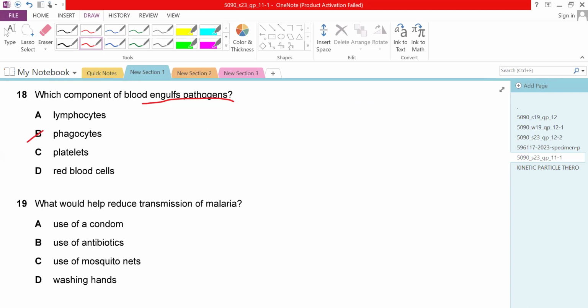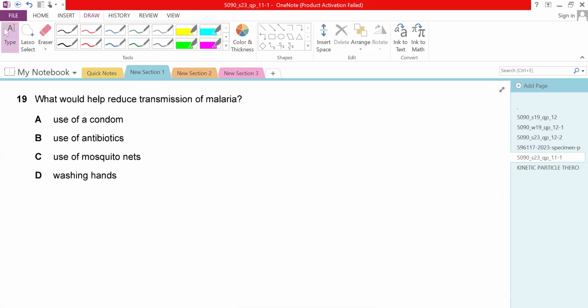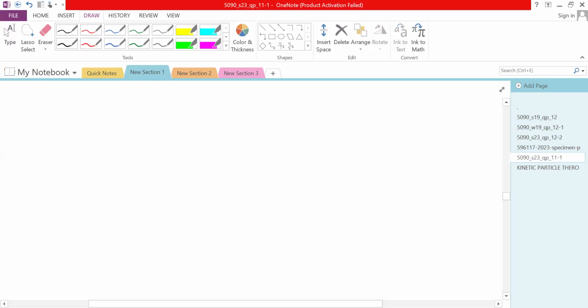The phagocytes engulf the pathogens, however, the lymphocytes make memory cells. Question number 19. What would help reduce transmission of malaria? Using a mosquito net will help reduce the transmission of malaria. Option C is correct for question number 19.